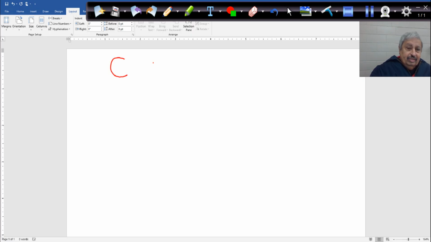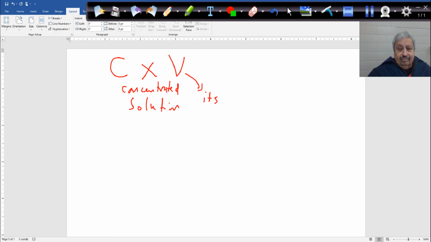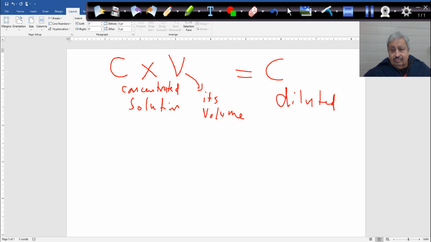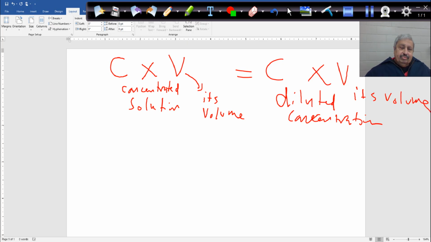Dilution law is C multiplied by V. This is the concentration of the concentrated solution, this is its volume, equal to C diluted, the concentration of the diluted solution, multiplied by V, its volume. And sometimes V is the total, after adding.